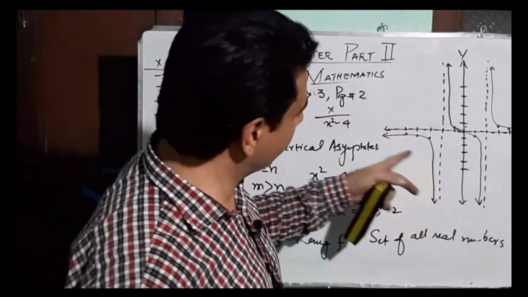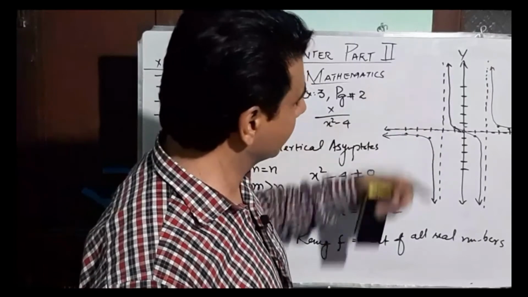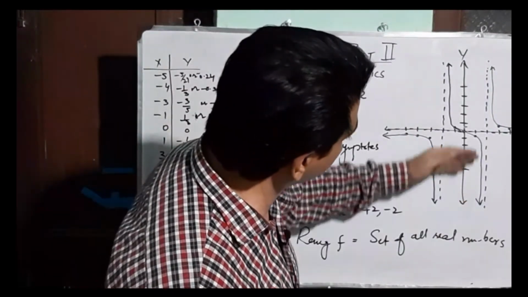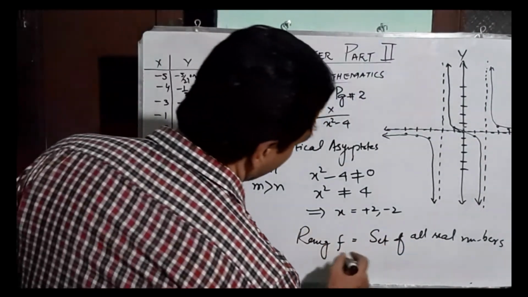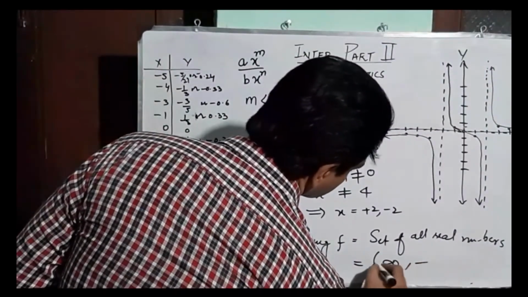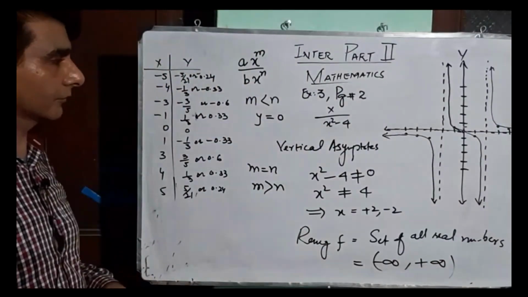It's easier if you plot the graph, then you can determine the range very easily. Going from minus infinity to positive infinity clearly shows that. Now we write it in interval notation: set of all real numbers. That's it.